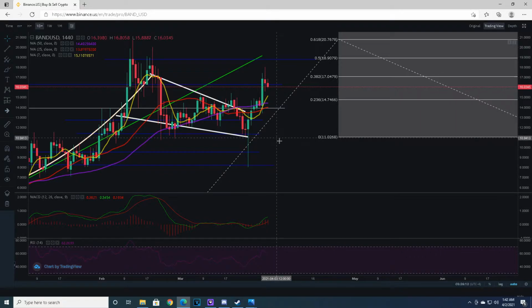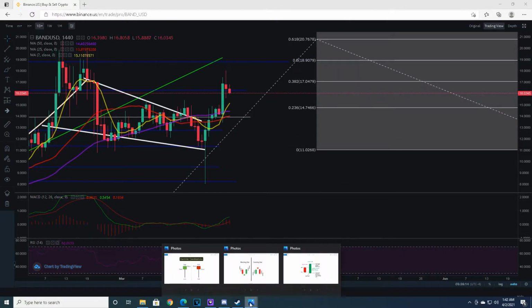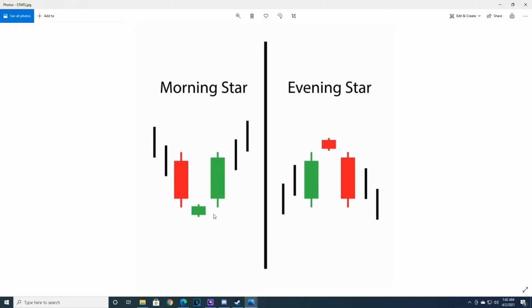So, the morning and evening stars. Morning star, pressure coming down. You get a bull, you get a bear candle, and this doesn't have to be bear or bull. It could be flat. It could be completely just a plus, a doji with no body to it at all.